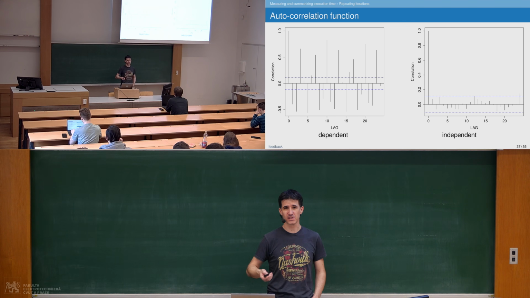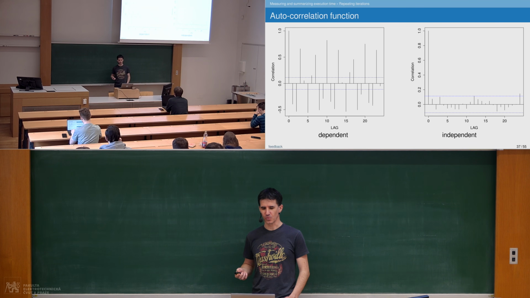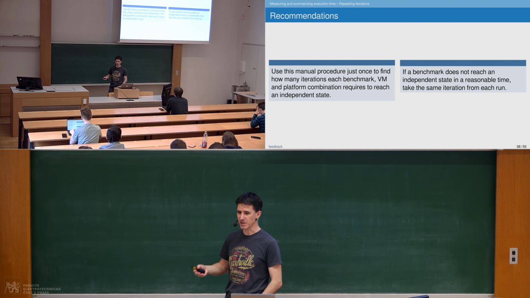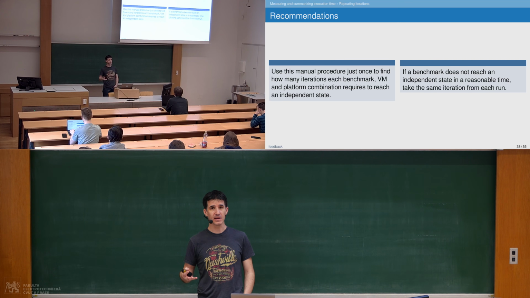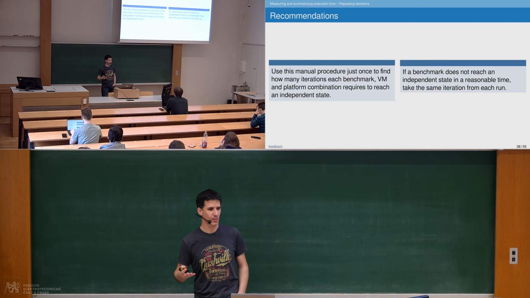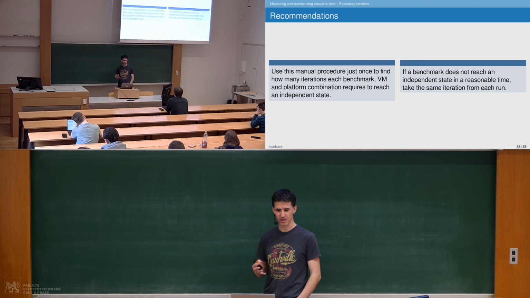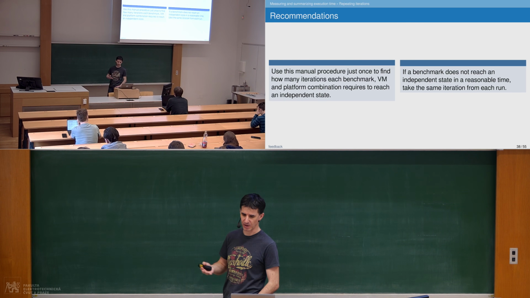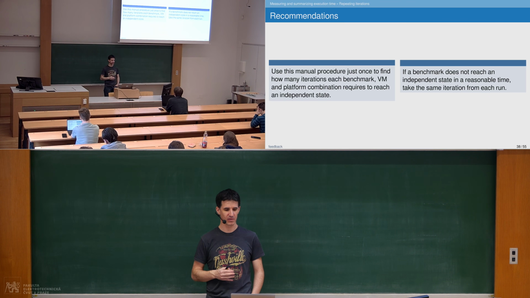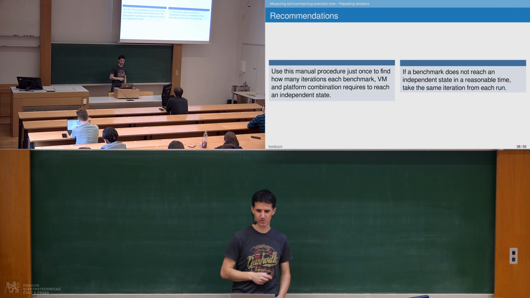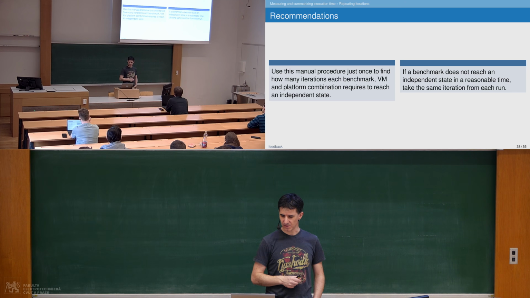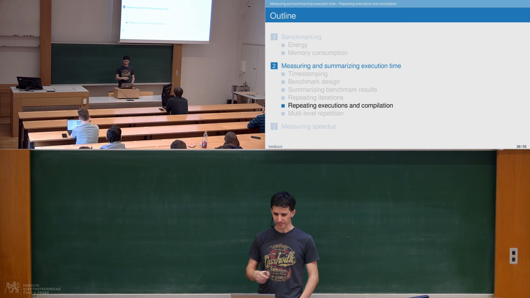Doing those graphs is a lot of work, so the idea is not to do it every time. You just do it at the beginning to understand how your program behaves, whether things are independent or not. And once you have some basic idea about how your program behaves, you are no longer repeating that.